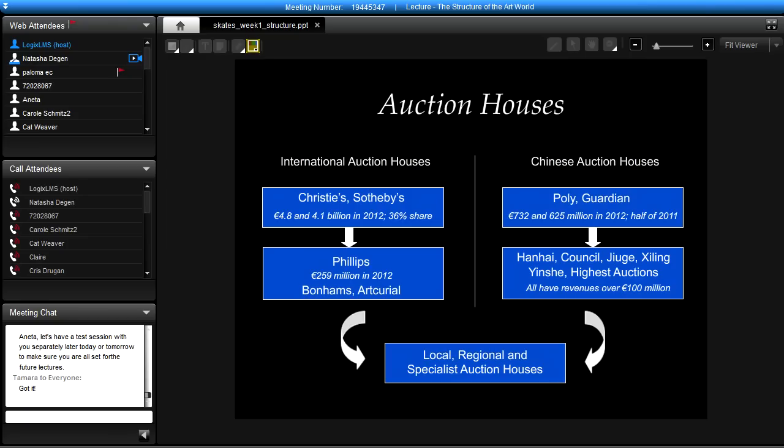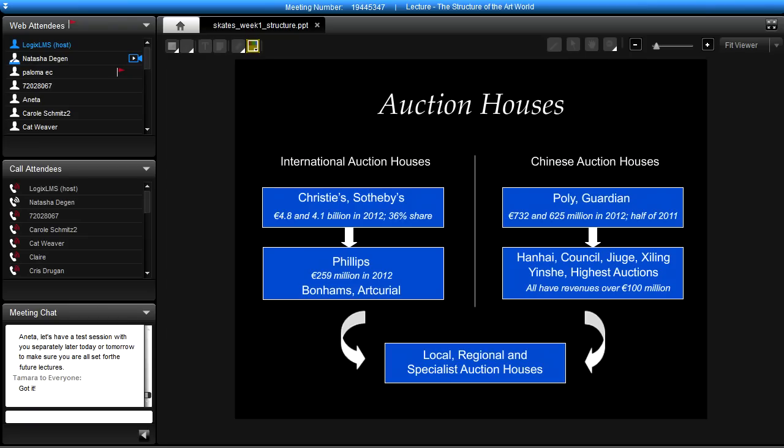Both Poly and Guardian are in periods of expansion, opening offices. Not only are they both based in Beijing in mainland China, expanding into Hong Kong, but also opening offices in New York. And another interesting thing about these two auction houses is just how new they are. We talked about Christie's and Sotheby's being founded in the 18th century, 200 years to develop and become prominent.